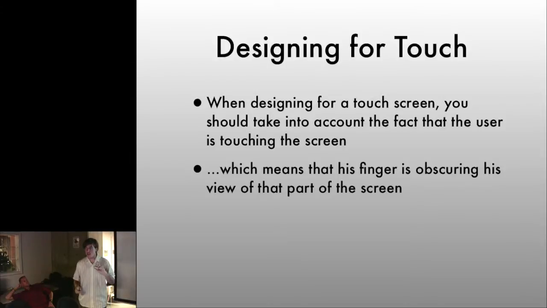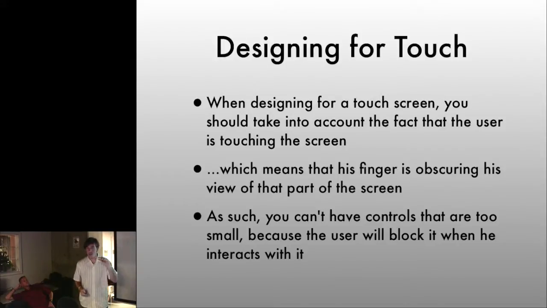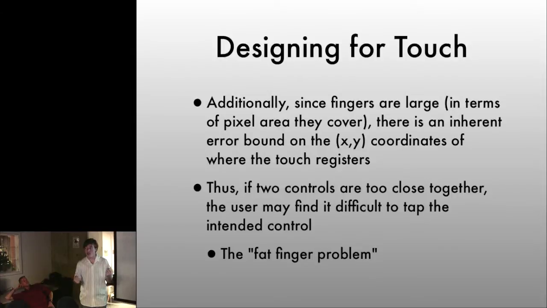So if you have a very, very small control, as soon as they try to touch it, they're no longer sure if they're actually touching it because they can't see it anymore. That's why all the standard controls are a lot larger on iOS. So if you make any custom ones, make sure you don't make them too small, because otherwise the user won't be able to know if they successfully touched it, because when they try to touch it, they cover it up. This is a problem we call the fat finger problem, because people's fingers are pretty big relative to, say, a cursor.